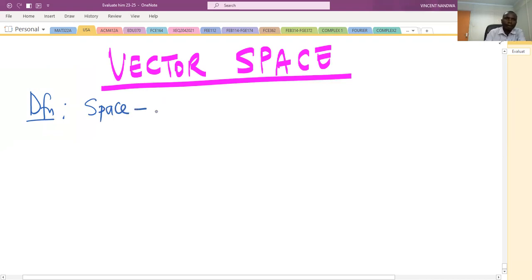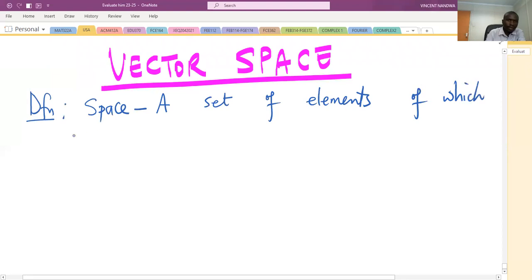A set of elements of which certain well-defined mathematical operations are valid.